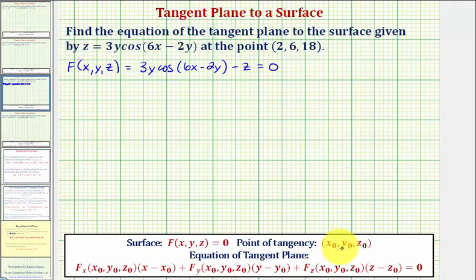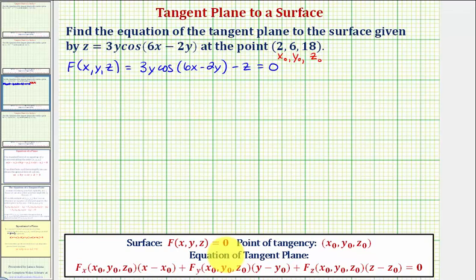Next, notice how the point of tangency is the point x sub 0, y sub 0, z sub 0. So for us, x sub 0 equals 2, y sub 0 equals 6, and z sub 0 equals 18.